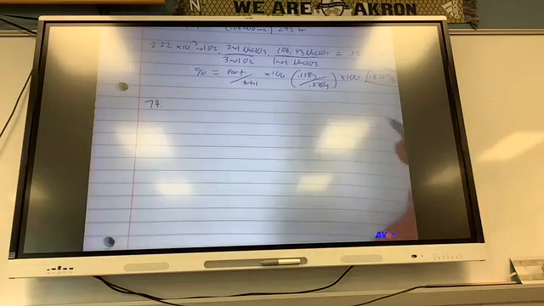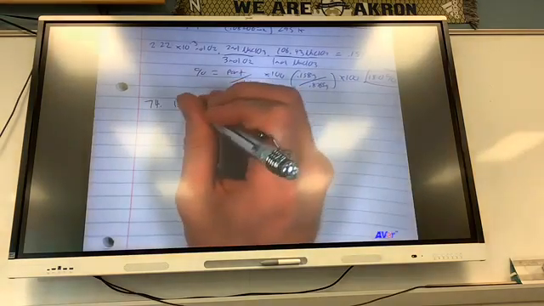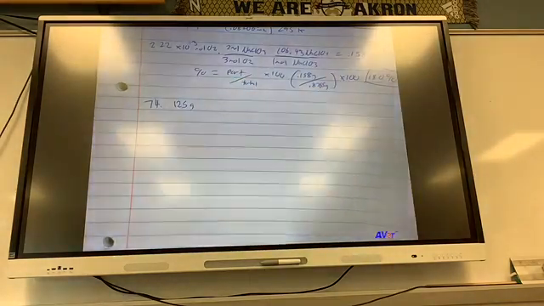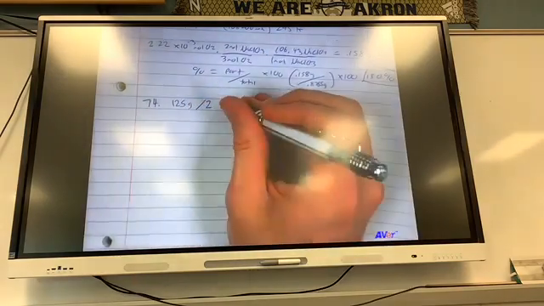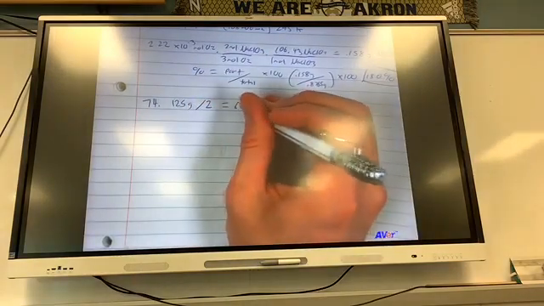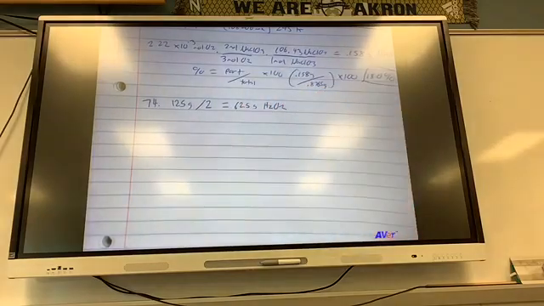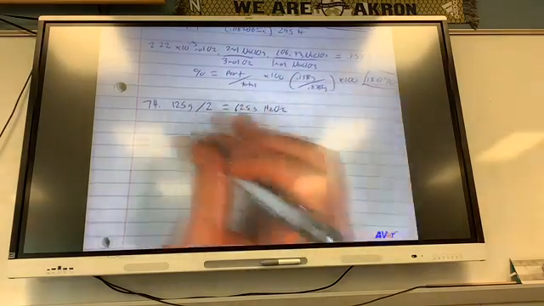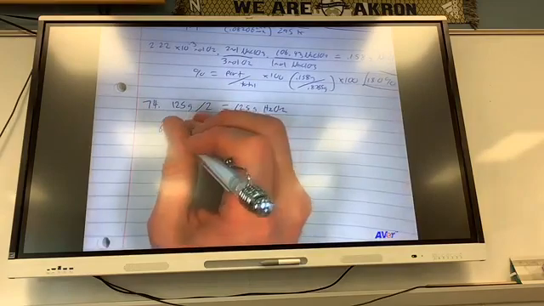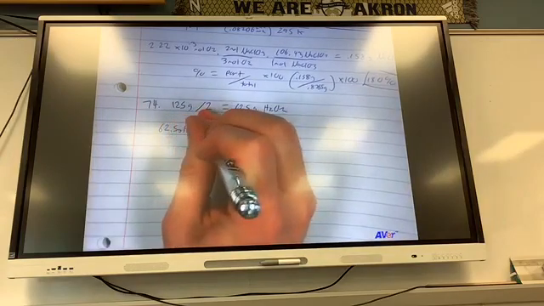So they started me with how much? 125 grams, right? Divided by 2 for the 50%. So I'm starting out with 62.5 grams of H2O2.